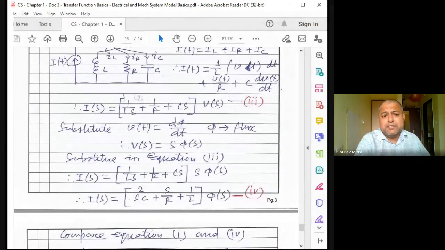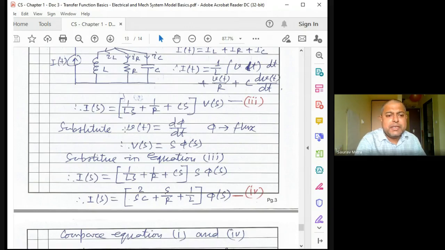The rule is nothing but Faraday's law of electromagnetic induction. If there is a flux linkage change, EMF is induced in the circuit. So Vt is equal to d phi by dt, and in that case Vs is equal to S phi s. So in the equation Is equal to 1 by Ls plus 1 by R plus Cs, substitute Vs as S phi s.